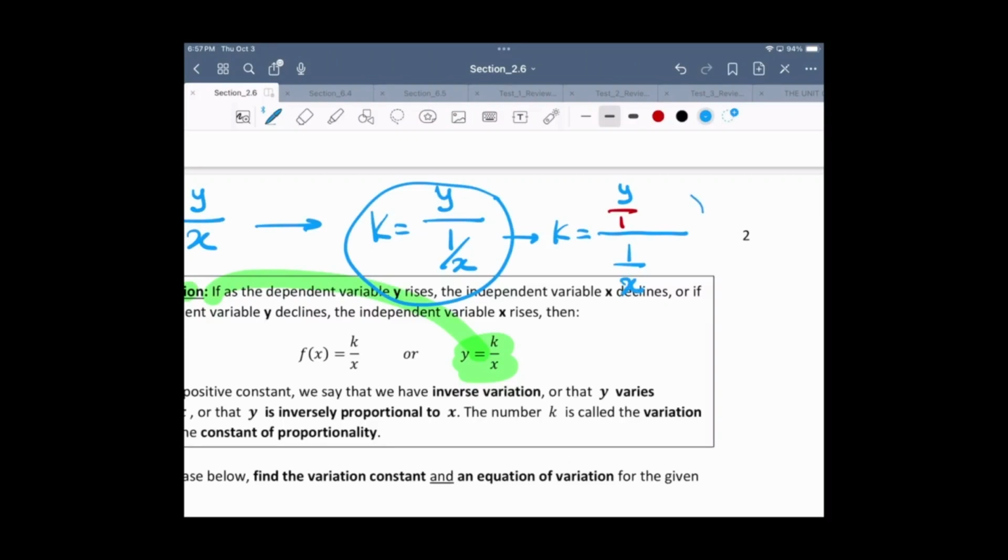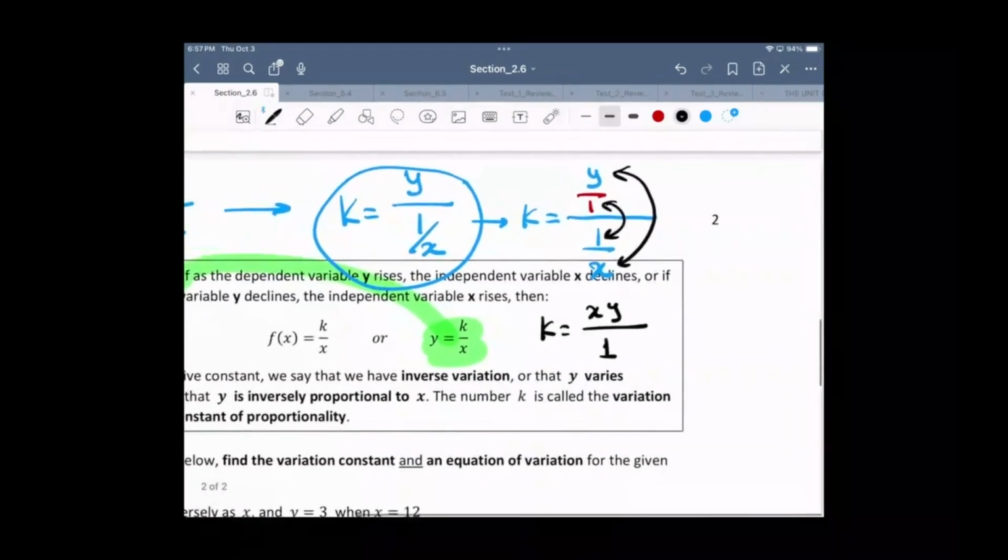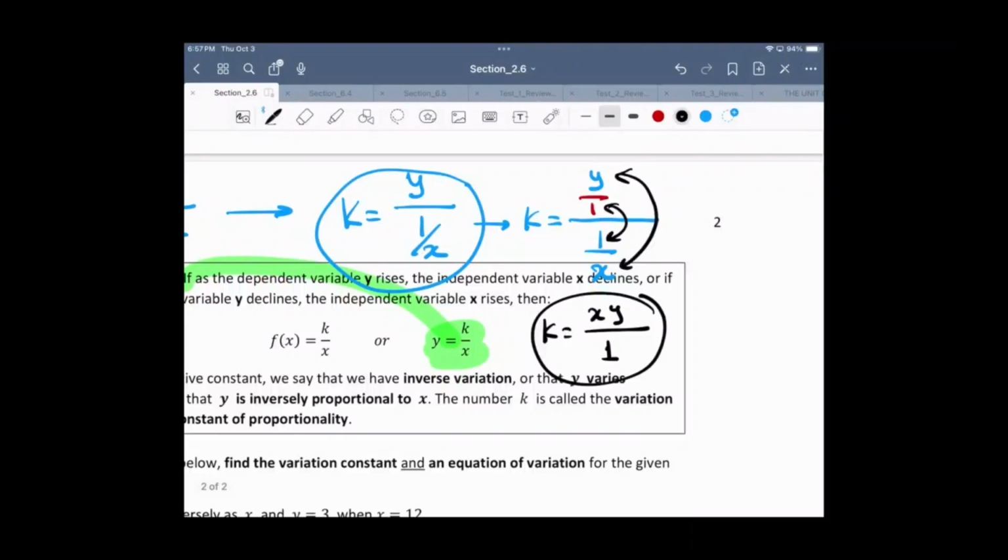So to simplify this compound fraction, let's multiply the terms that are farthest away from each other. We get x times y, divided by the terms that are nearest each other, which would be 1 times 1, or 1. Now, rearrange this formula and solve for y. So we get y equals k over x.